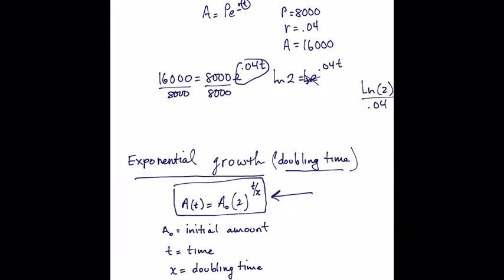Notice it has a base of 2, which is an indication that it's doubling every so often. So go ahead and pause this and jot down this model and the information there. The initial amount is a sub 0, t is time, x would be the doubling time.